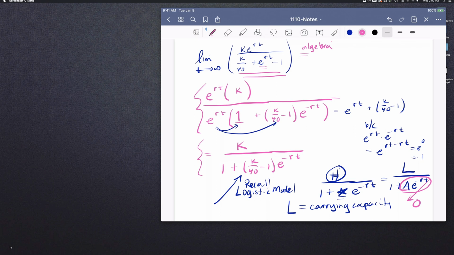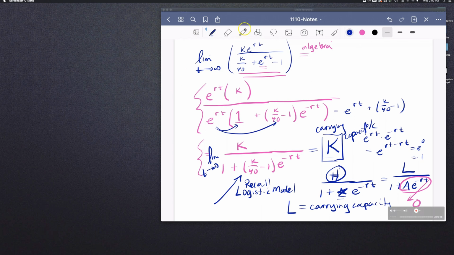And we can see that as t goes to infinity, this limit is going to be k, just like it was before. And k, in this case, is the carrying capacity. So the wolf population has some sort of limit. When there's logistic growth, there is some maximum population that is sustainable.